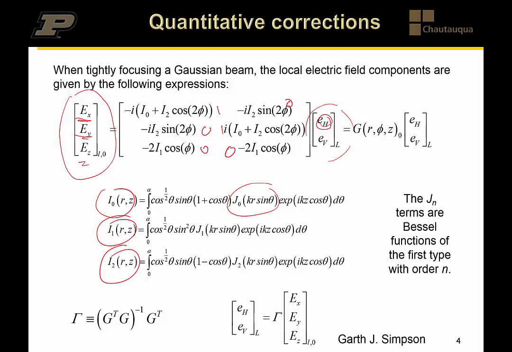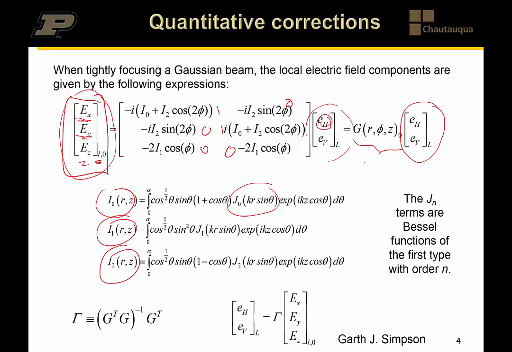So we have this relationship where we've got E in the local frame as a vector is related to the laboratory frame Jones vector through this matrix. And this is just a 3x2 matrix G. It does depend on all 3 angles in spherical coordinates, the position away from the focal point, the azimuthal rotation angle, as well as the displacement along the optical axis.